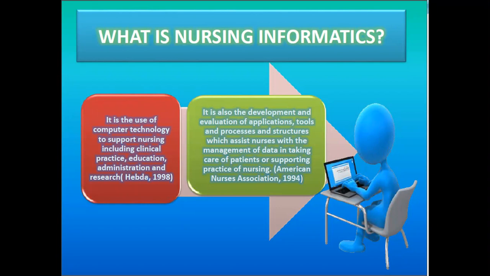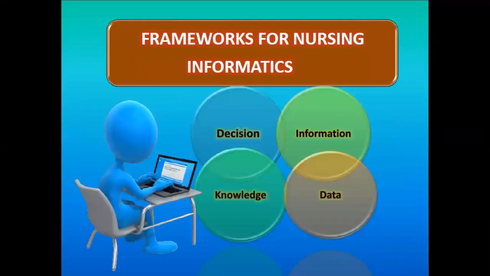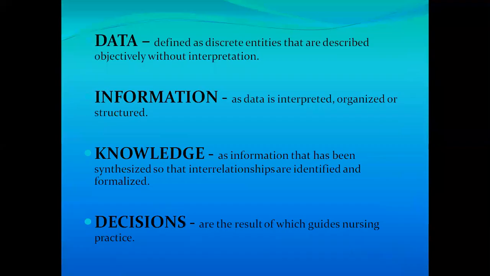So we already talked about what nursing informatics is in the introduction. So let's talk about the framework of nursing informatics. We have data, information, knowledge, and decision. So what are these? Data is defined as discrete entities that are described objectively without interpretation.